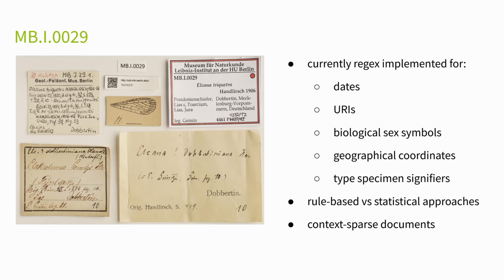And the fact of the matter is that for certain information facets, like, for example, type specimen signifiers or geographical coordinates, it is pretty straightforward to come up with one or several patterns that can be put as regular expressions and that give you precisely, or in most cases, the result that you desire to identify the corresponding portions of text.